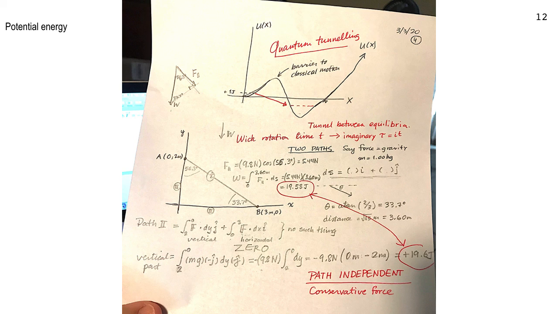If you're stuck down here, if you have a low energy like right down here, okay, so like negative or positive 1 joule, you can tunnel to some other state down here. So you could go from this trap to this one and tunnel between equilibria.